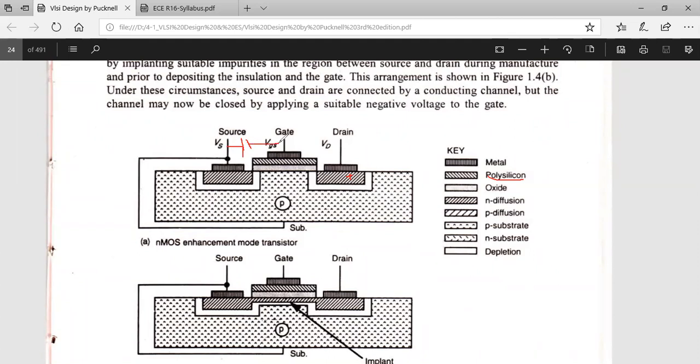That means to create some voltage difference between the gate and the source, which we indicate as VGS, right? We want to give some input voltage between the source and the gate. So this VGS plays a very, very important role in the operation of the MOS transistor.